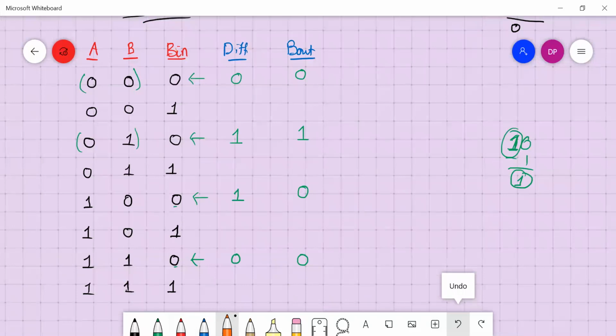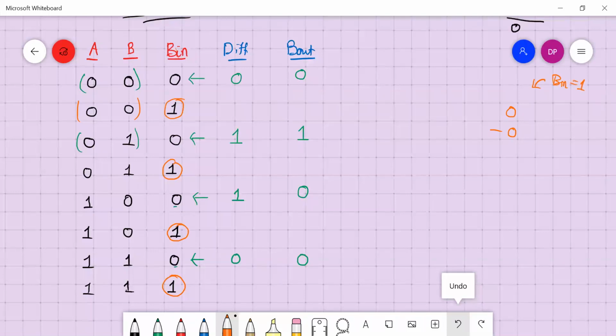if the previous borrow is 1, what you have to do? Let's consider the first example. So it should be 0 minus 0. If previous borrow is 1, 0 minus 0, and you have previous borrow is 1.